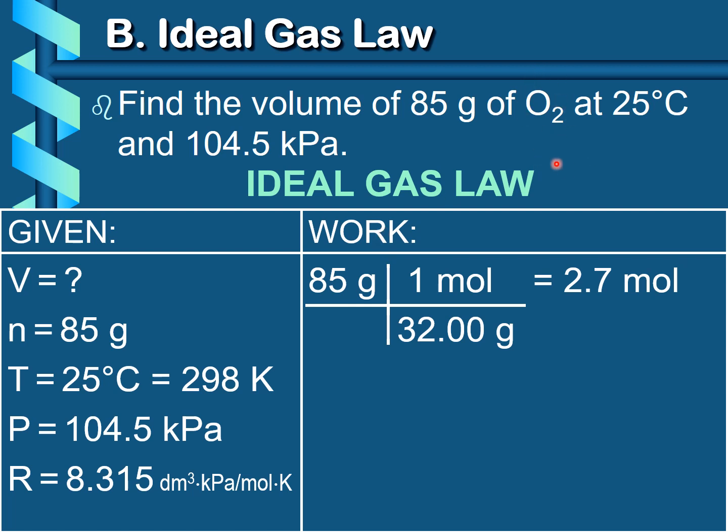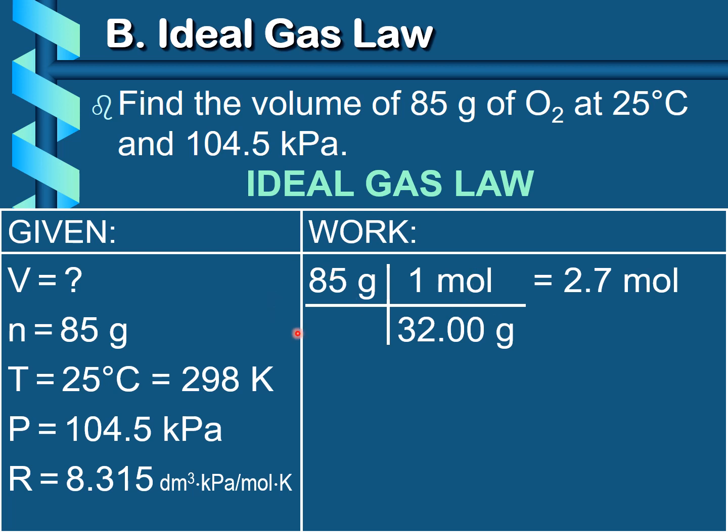In the periodic table, the mass of oxygen is 16, but since oxygen is diatomic, we multiply 16 by 2 to get 32. So the molecular weight of oxygen is 32.0 grams per mole.